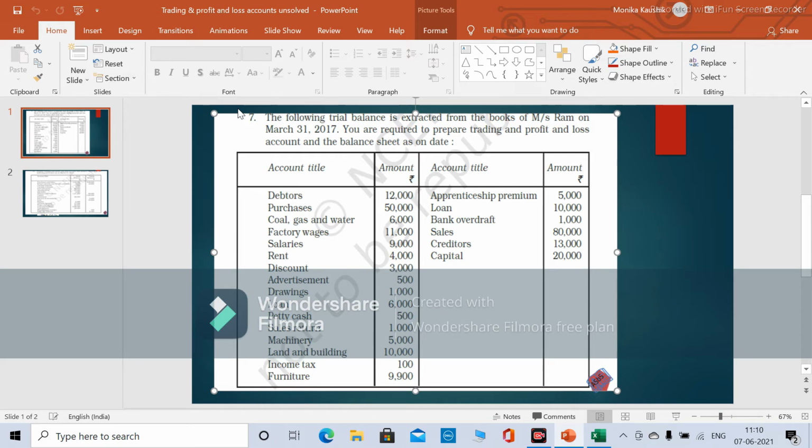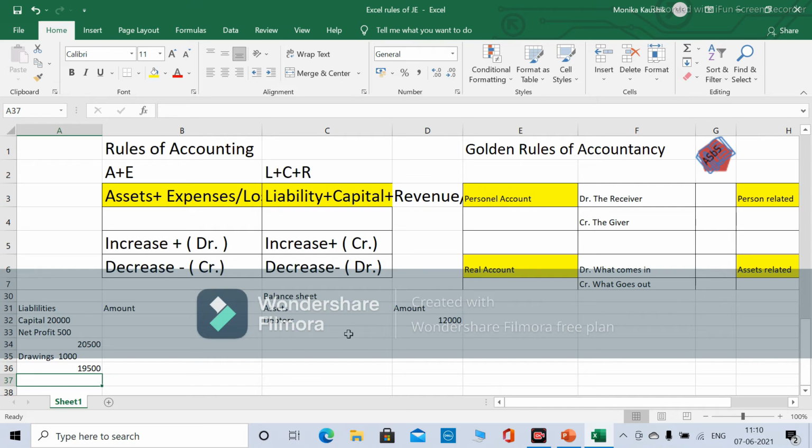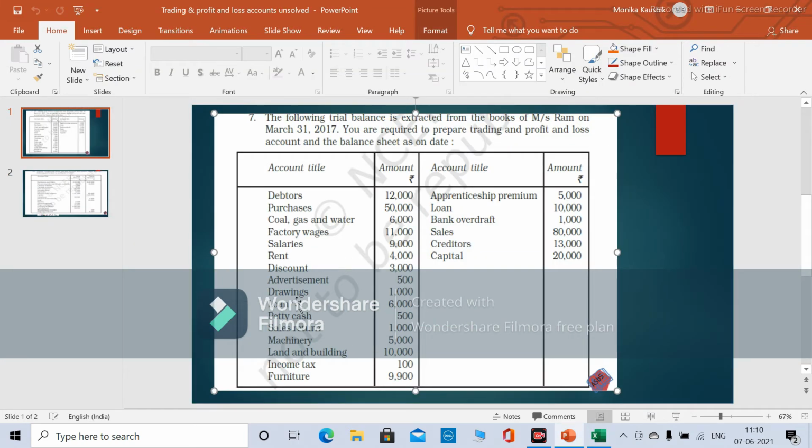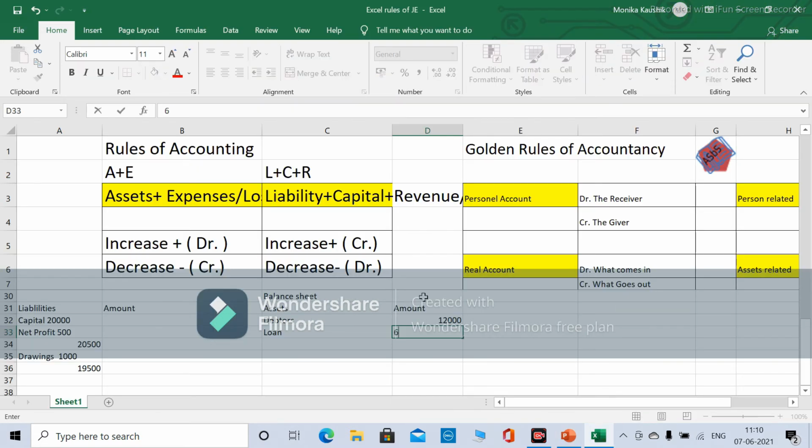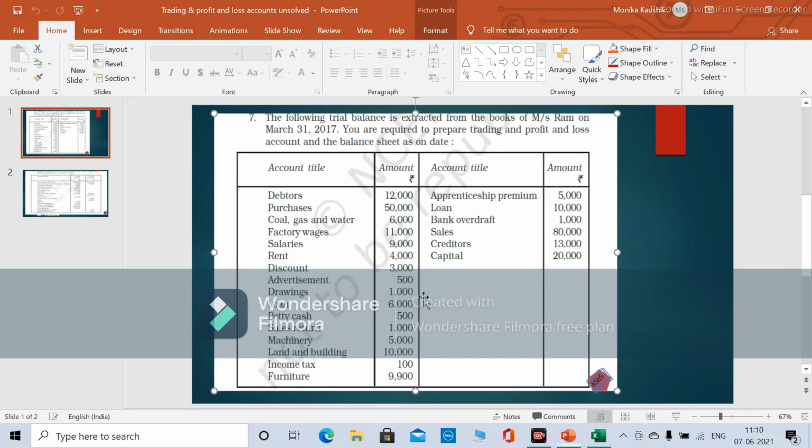Loan amount. This is on the debit side, so let's consider it as an asset. It means 6,000 rupees will be my asset as a loan given.